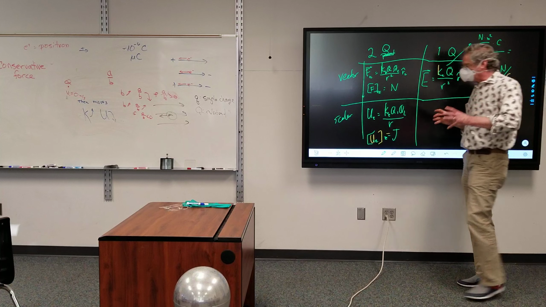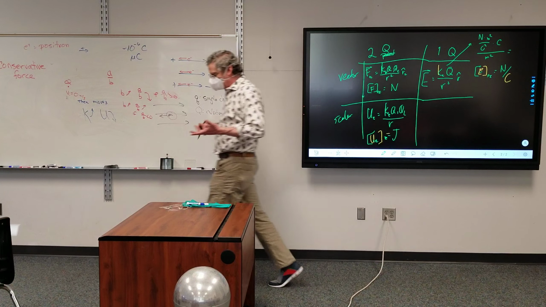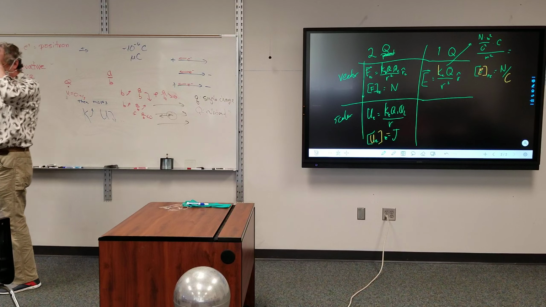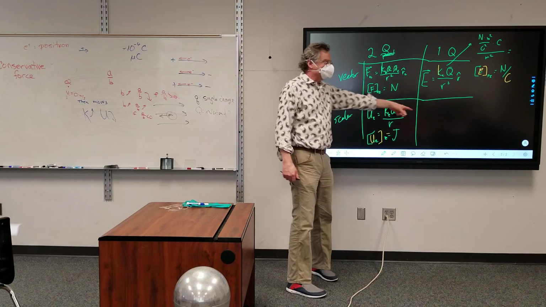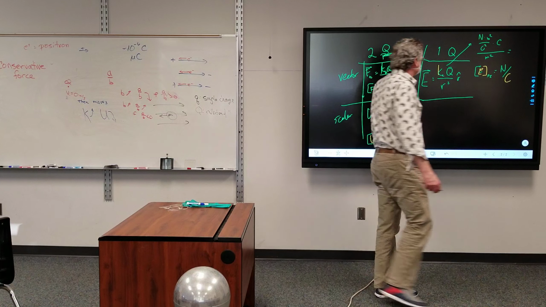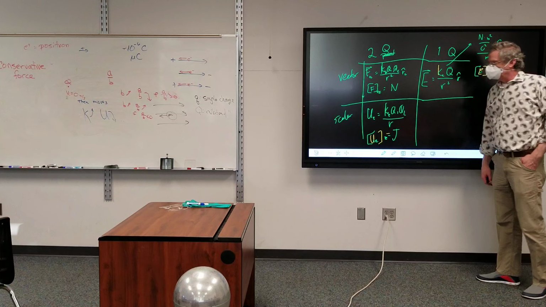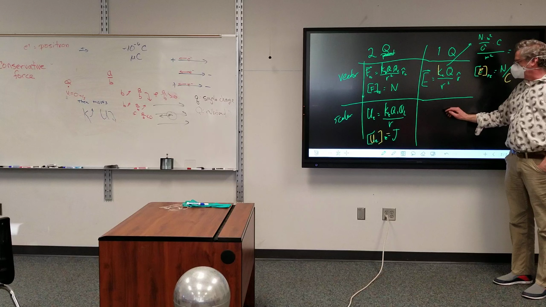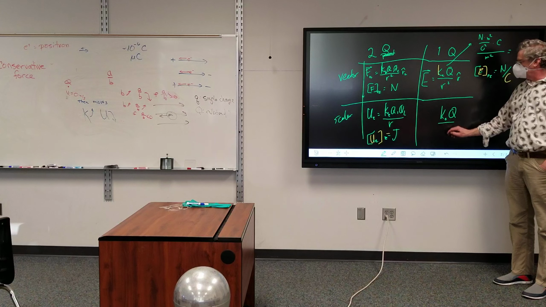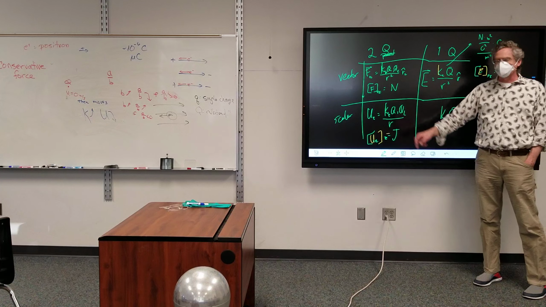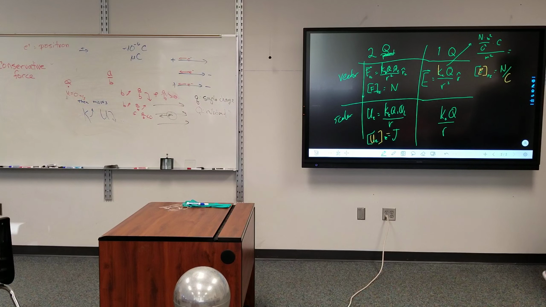So this is what we've covered so far, obviously the electric field equation I had written down before. But there's obviously a gap here: something that requires only one charge, but it's a scalar, and the formula is K_E Q over R. Basically, you take your potential energy formula and you get rid of one of the charges.